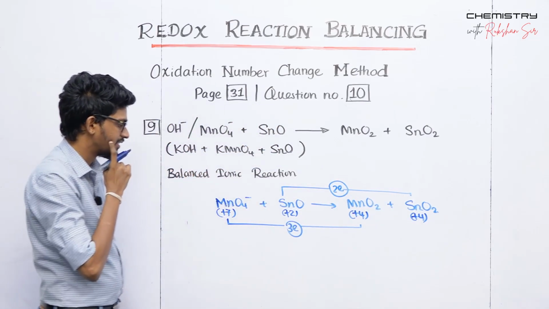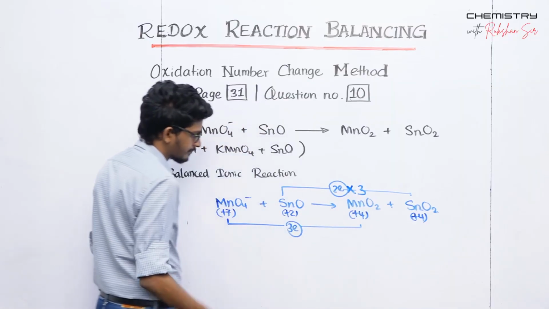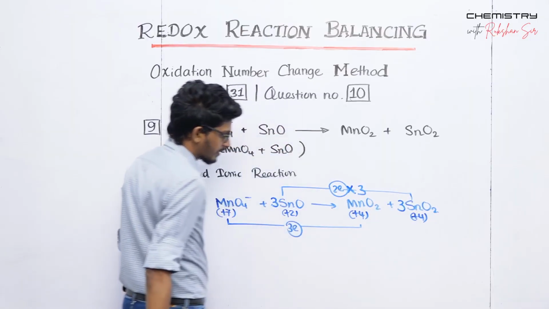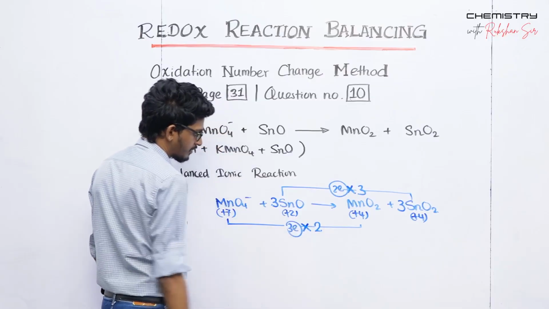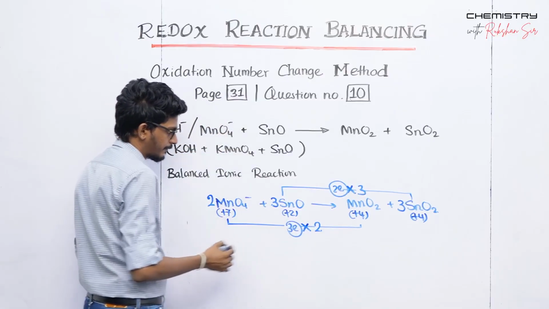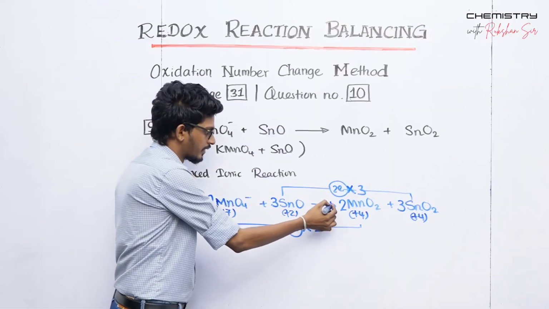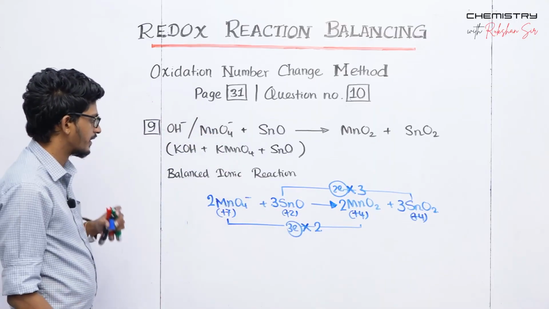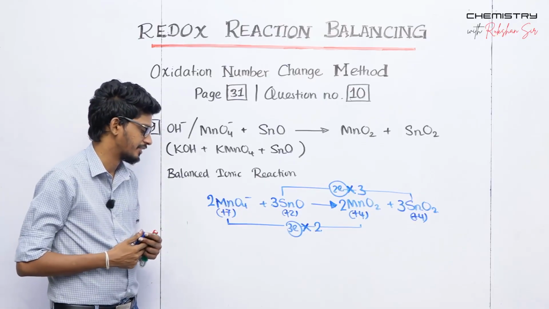So the least common multiple is 6, so you need to multiply this branch with 3, then this branch with 2 to compensate as 6, right? Okay, so that is the balancing of oxidation states with the use of this common multiple of electrons, right?